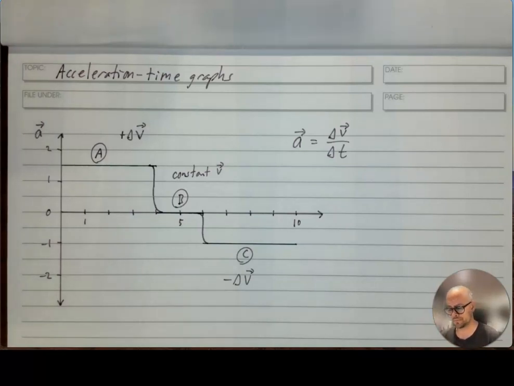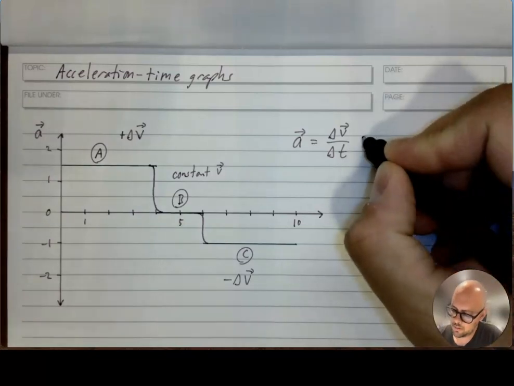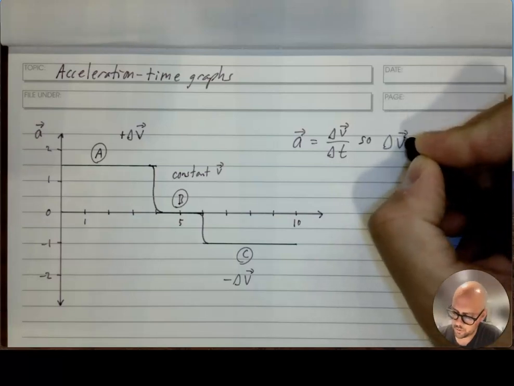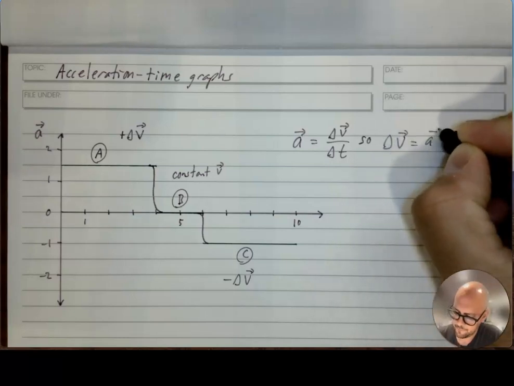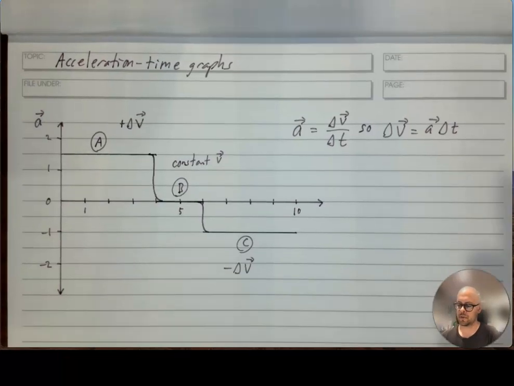Okay. So we know some basic info about the graph. We know this acceleration equation looks like this. If we rearrange this equation, we can solve for delta V. And we have a very similar situation to our velocity versus time graph. Our velocity versus time graph told us displacement by calculating the area under the curve.